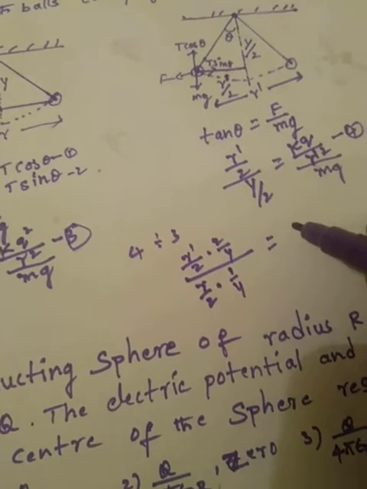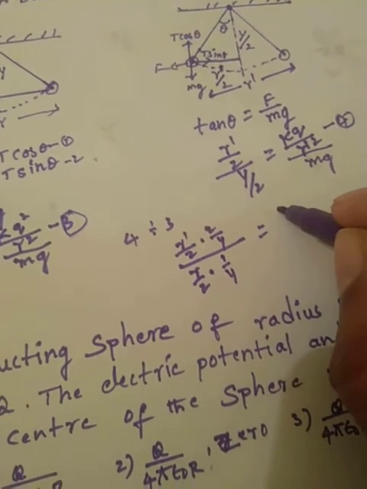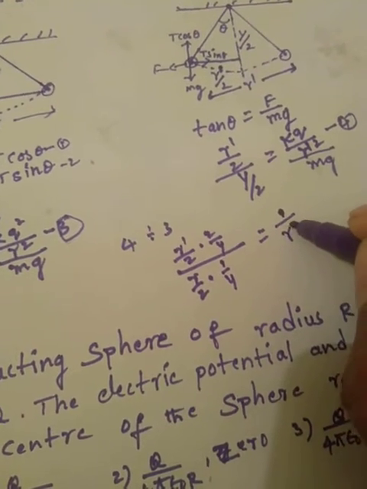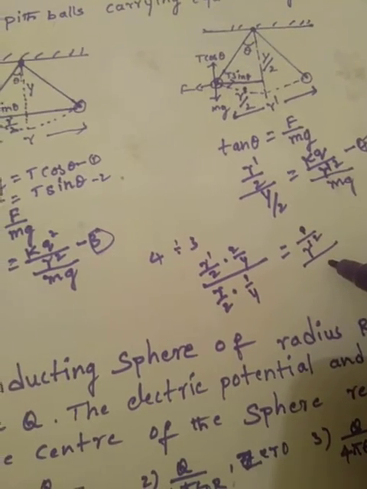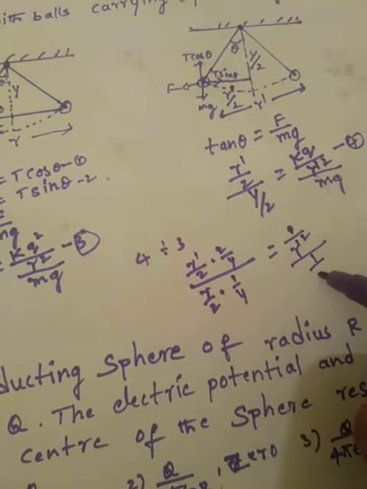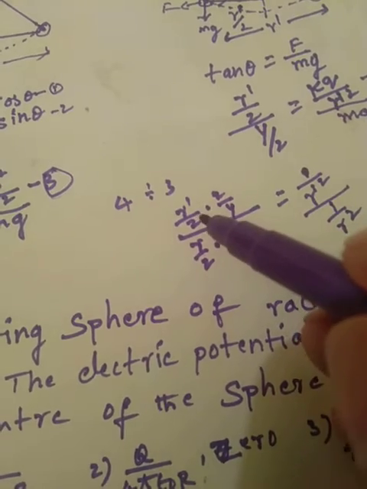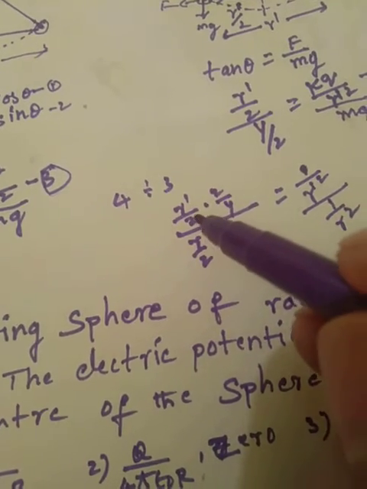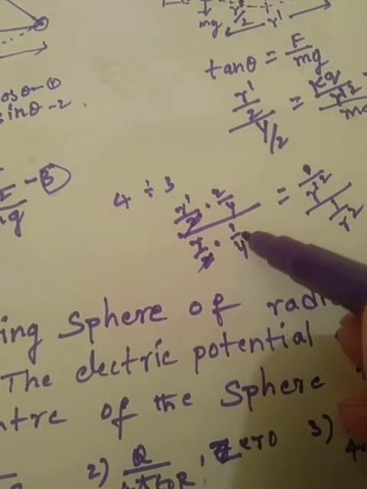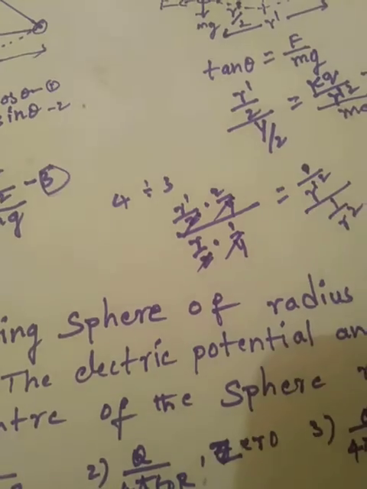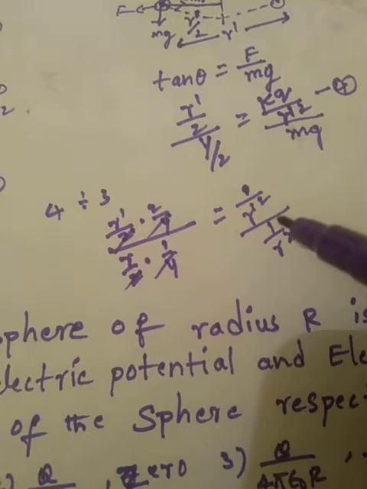Only 1 by r dash square, all divided by 1 by r square remains. Then just cancel out, the 1 by 2 will get cancelled, this 2 will get cancelled, y will get cancelled. Only 2r dash will remain.